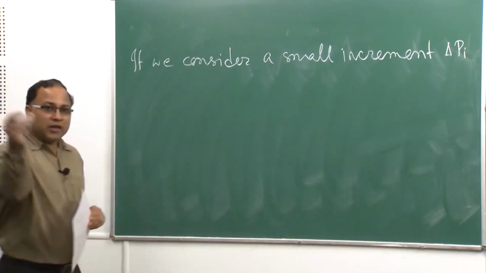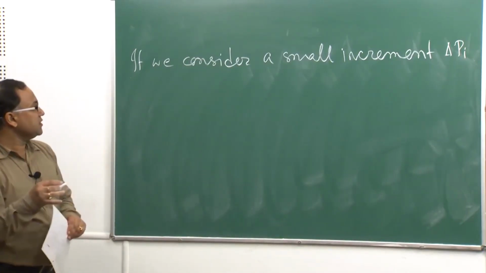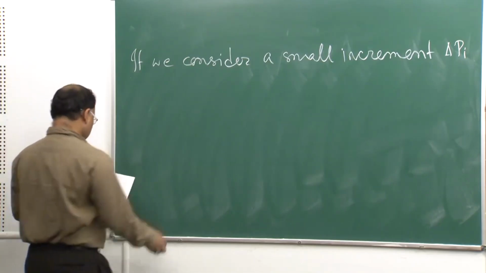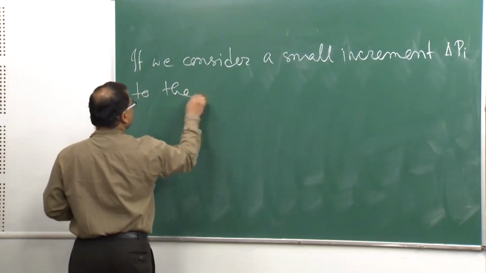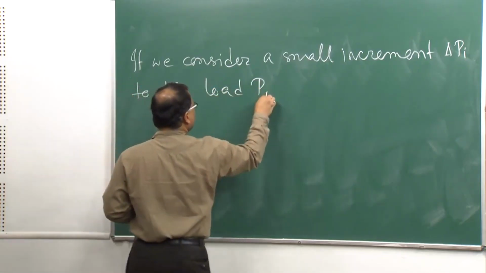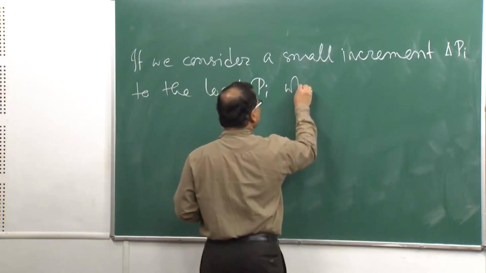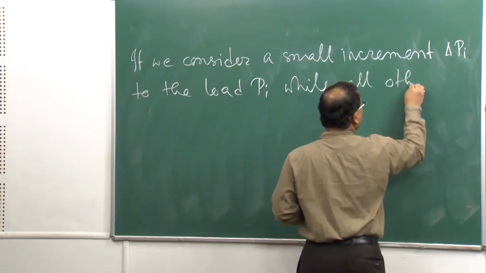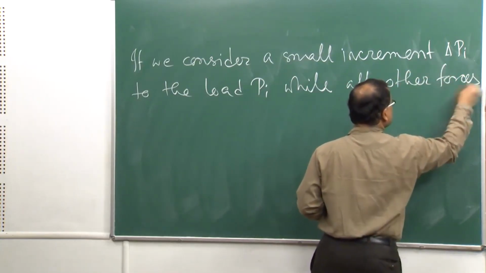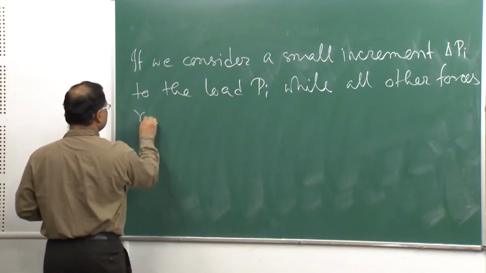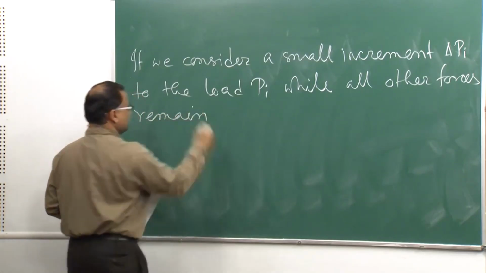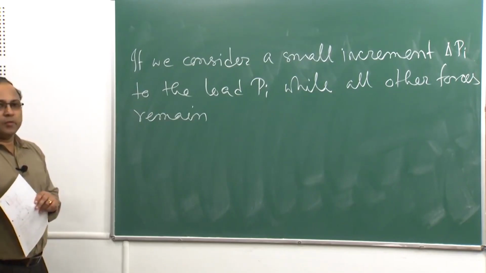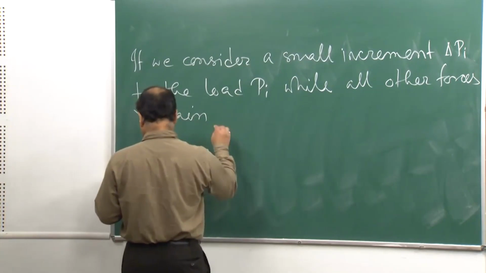Along the line of action of Pi, I consider a small increment of load delta Pi to the load Pi, while all other forces remain fixed. We are not changing other forces, we are just giving one small increment to Pi, and the others remain the same.